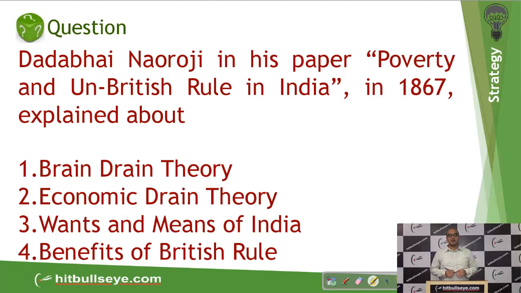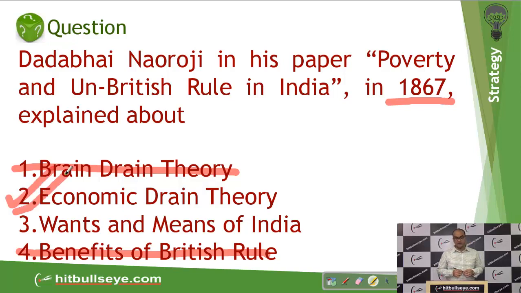Now, as the title of the paper suggests, option number 4 can be ruled out instantly. Also, the brain drain theory is a relatively new concept, and since this paper was published in 1867, this cannot be the answer. So as far as the question is concerned, out of the two options, the most appropriate answer is economic drain theory, which is in fact the right answer.